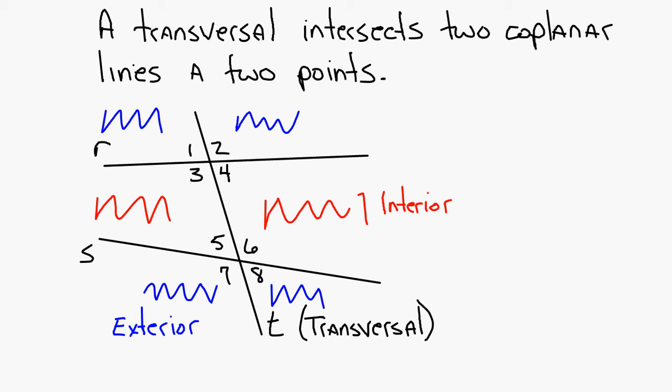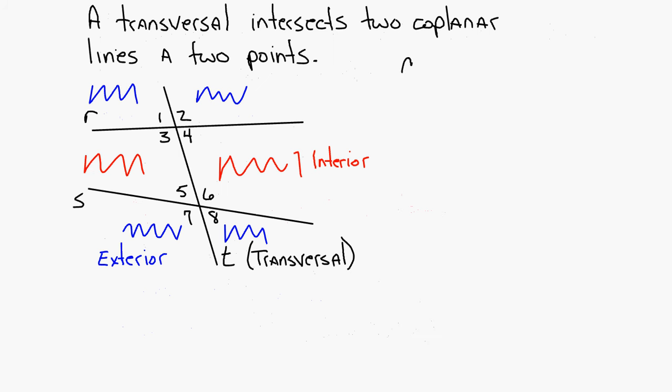Corresponding angles. Let's just use the symbol for angle and then apostrophe S. So pairs of corresponding angles. Corresponding angles hold the same position in their own set of angles.